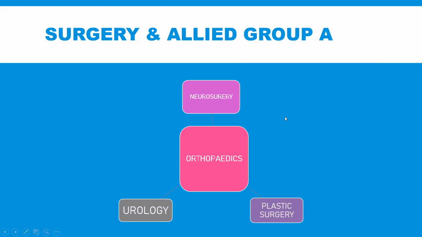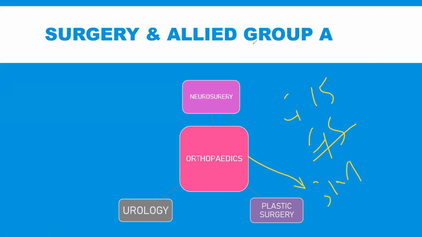So here what you do, again like in medicine and allied rotation, you'll have to do 15 months of your general surgery rotation, followed by 3 months of orthopedic surgery rotation, which is compulsory. Everyone should take this 15 months and 3 months of orthopedic surgery.